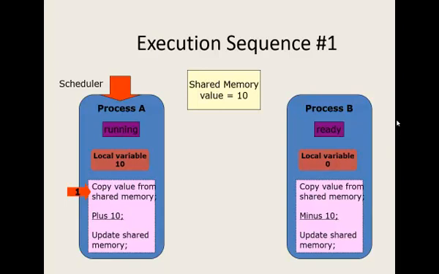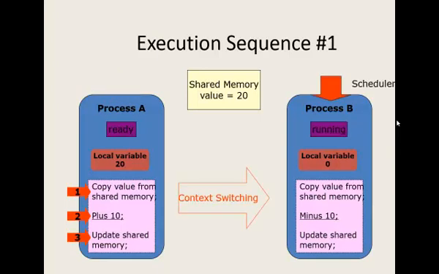Then the local variable will be 10, add 10 to it, so the local variable value is 20, then update. When we update, you can see the shared variable value will be 20. In this scheduling sequence, process A is complete, so the shared value is updated to 20.